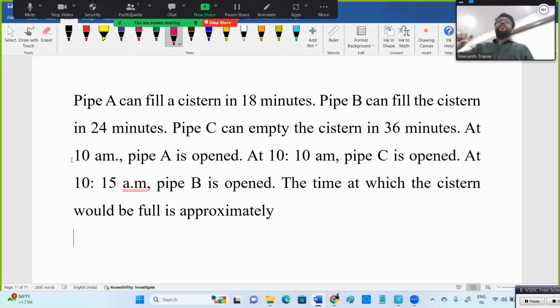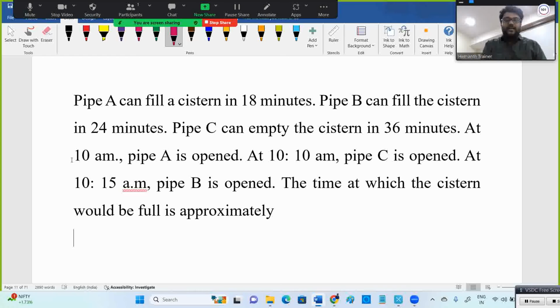Pipe B also 0 to 50 liters, it is taking 24 minutes. Whereas C from 50 liters to 0, it is taking 36 minutes. Full tank making it as empty. Emptying means making as 0. Filling means making as full. Emptying is making tank as 0 liters.